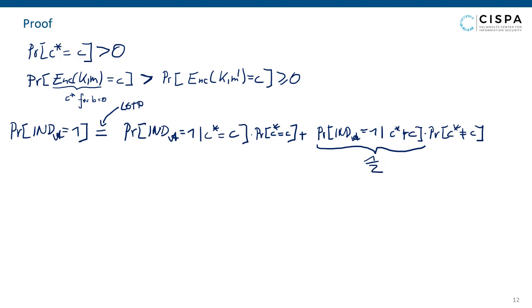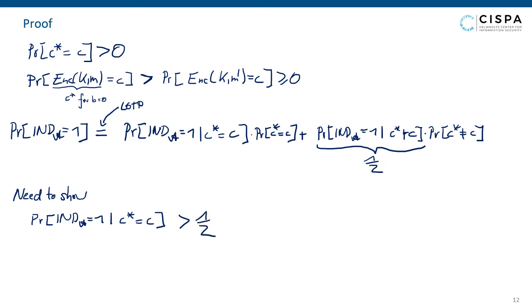So what remains to show, the slightly more difficult part, is that the probability that int A equals 1, conditioned on C star equals C, is greater than 1/2.